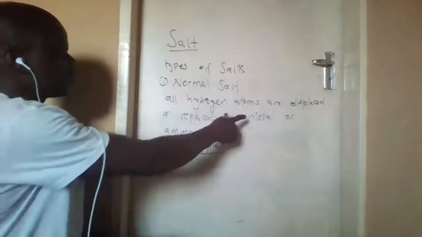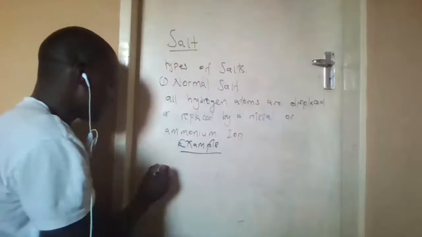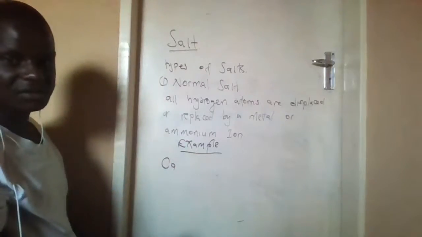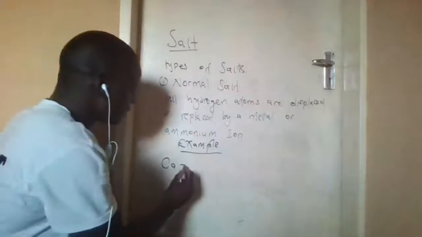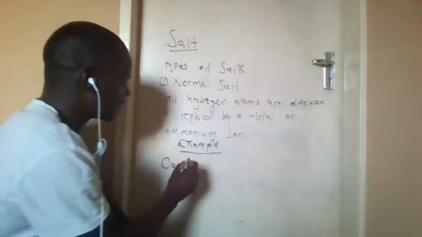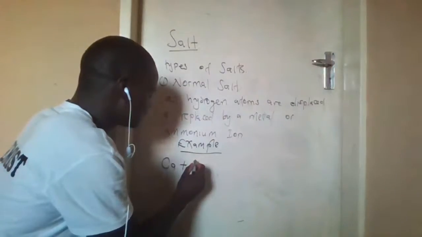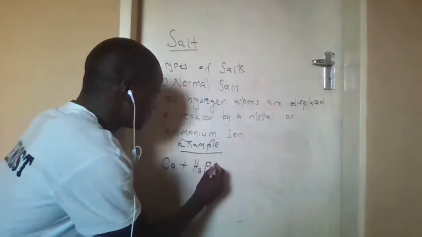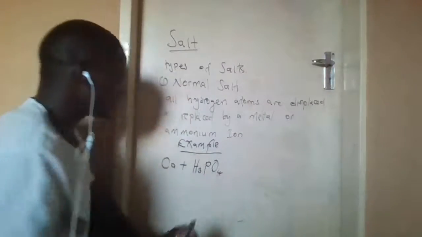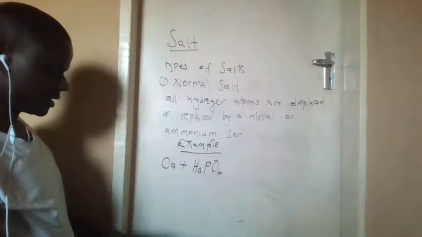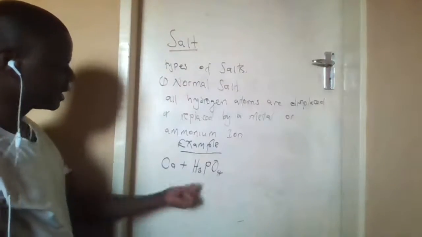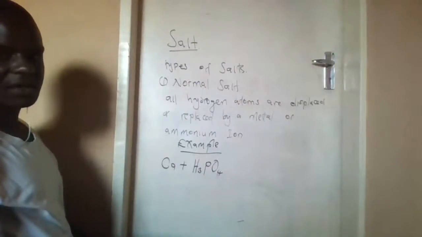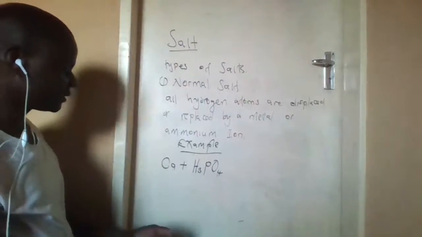A metal, we can speak of anything such as calcium. Calcium is our metal, Ca. Then this metal reacts with, let's speak of phosphoric acid, H3PO4, which has three hydrogen atoms within it.